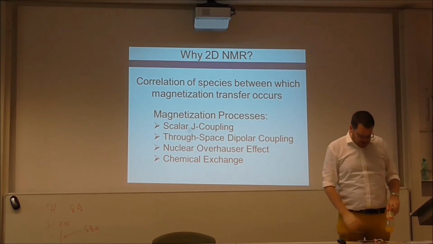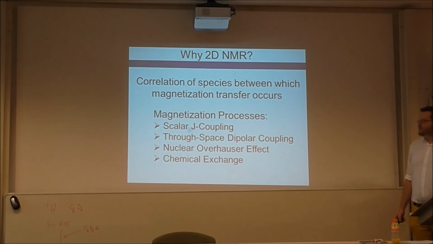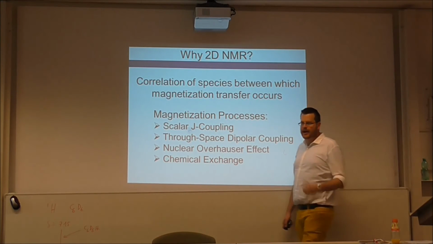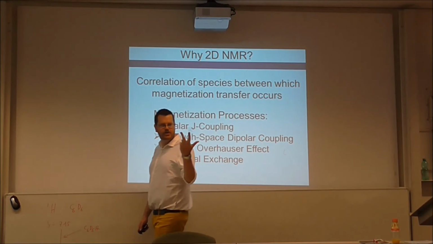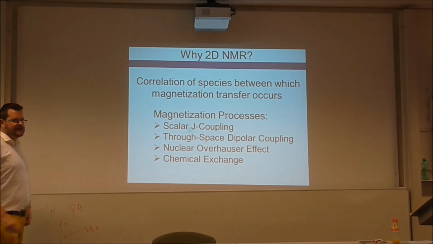So that's my message for you going forward. It doesn't cost anything to record an HH-COSY, an HSQC, and an HMBC. Just always do them routinely for everything, so that you have the data.